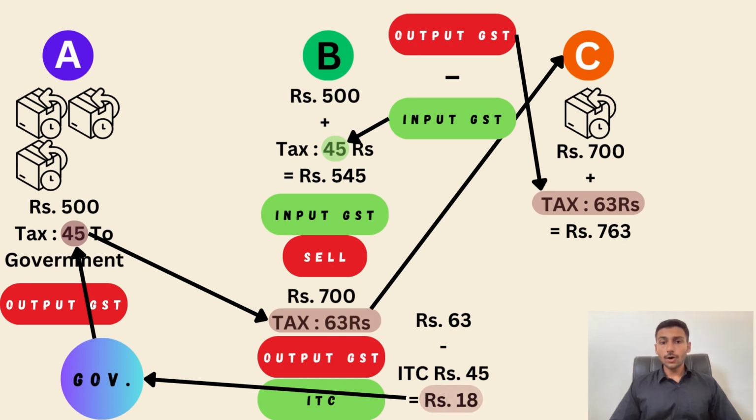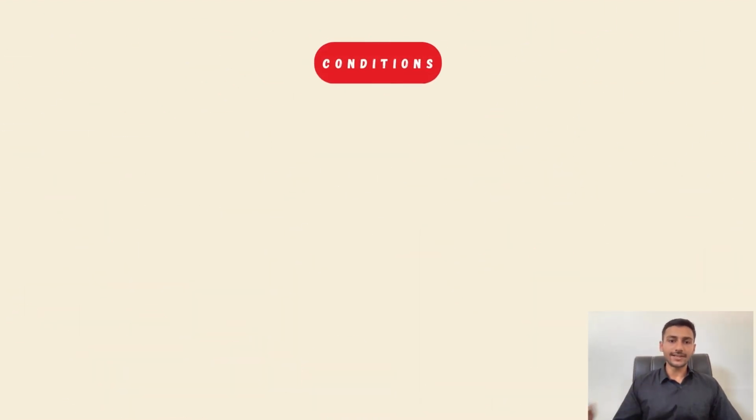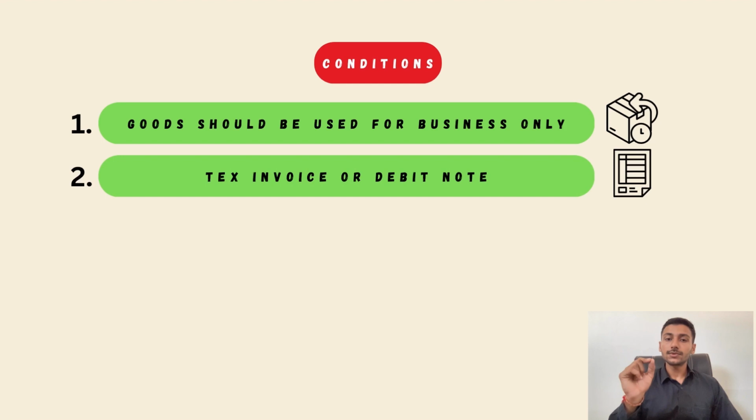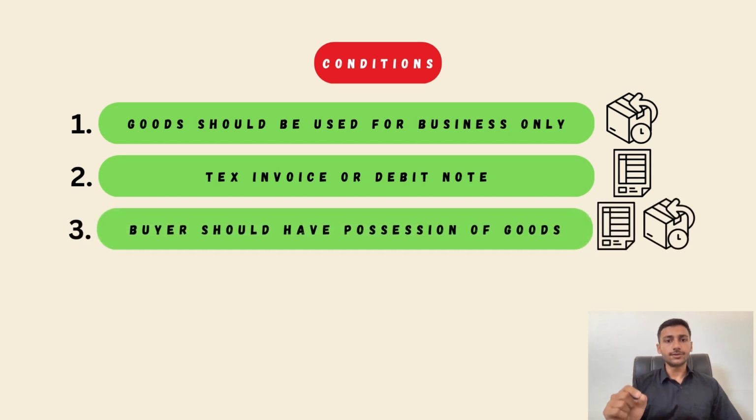Okay. Now there are certain conditions to claim ITC. The first and foremost condition is goods and services for the business. While you are purchasing or taking any service from anyone, that should be for the business, not for your personal use. Second is, the buyer should have the tax invoice of that goods and service or the debit note. And third is, the buyer should have the goods, not just that tax invoice.